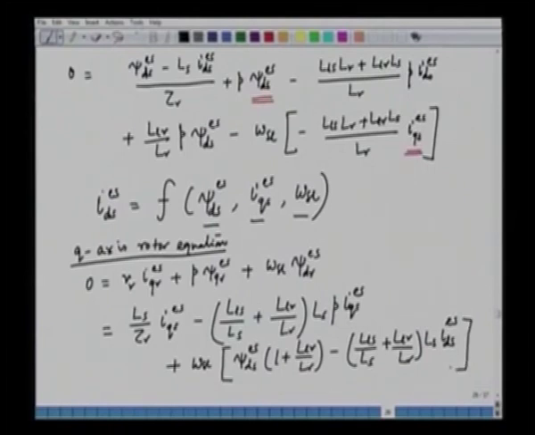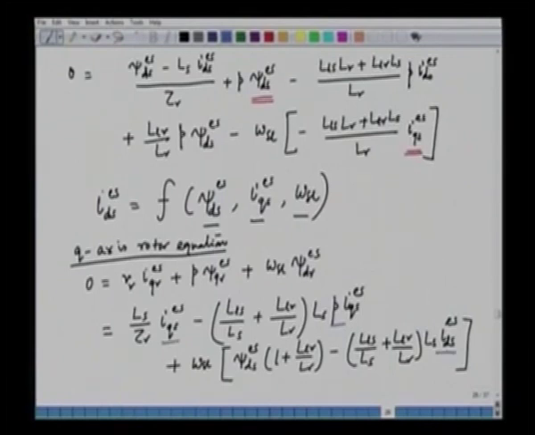This equation is definitely more involved, because it has the derivative term like what we see here. It also has variables like IQS and IDS.